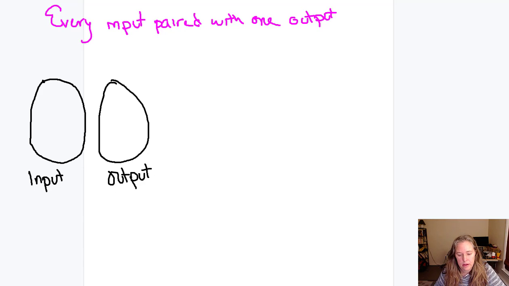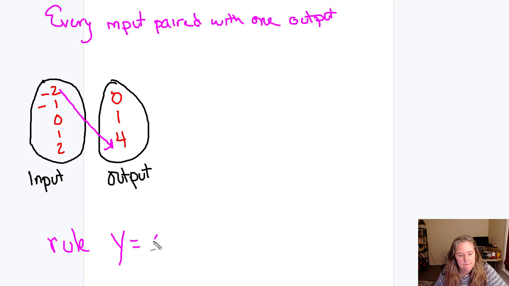So if we have an input, we're going to look at this one again, -2, -1, 0, 1, 2. And we're going to go 0, 1, 4. -2 is the input. It is paired with one output, 4. Okay, just to help you understand the rule for this function. Another way of saying that, I'm going to draw a function machine. I'm going to erase this.